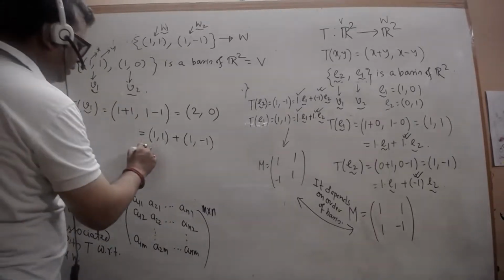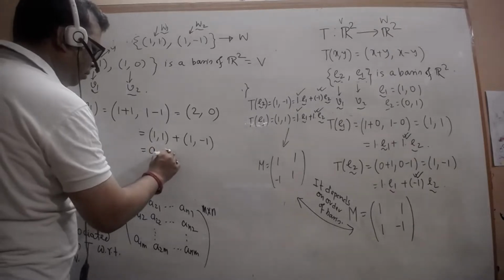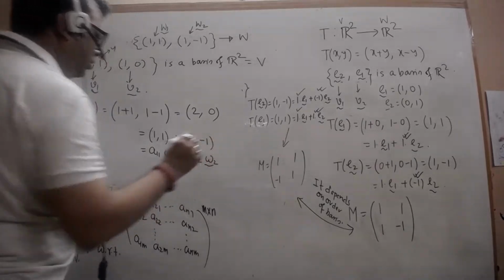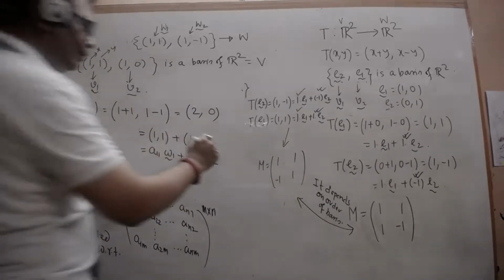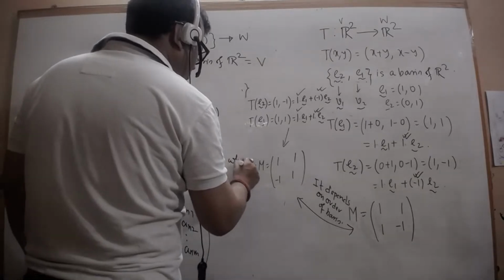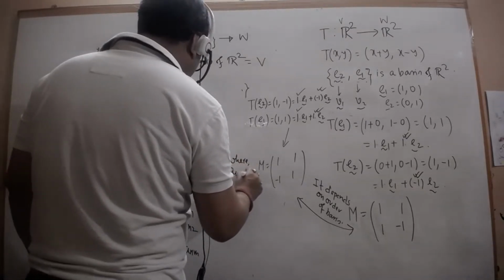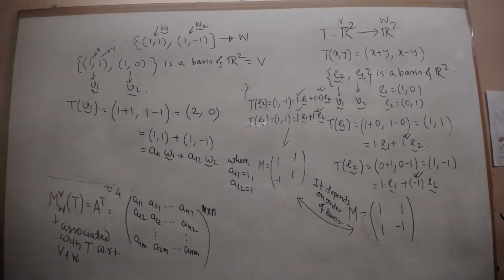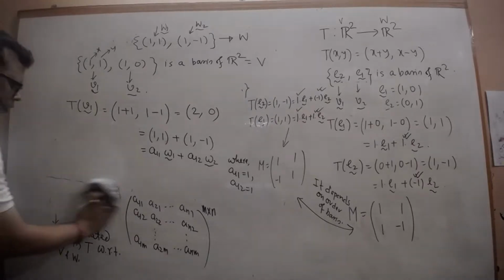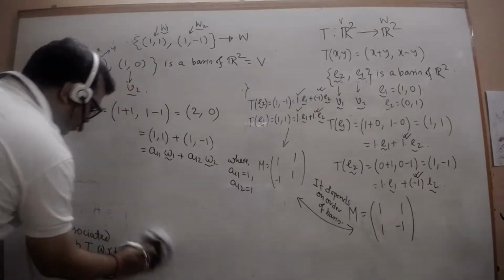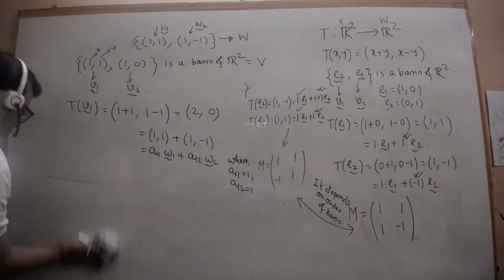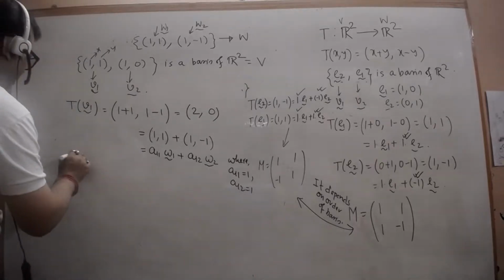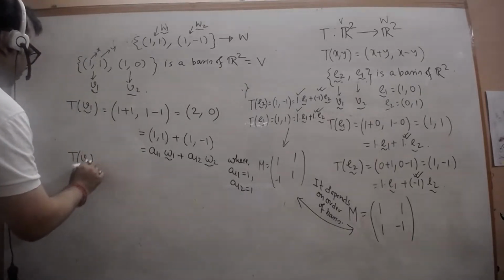So this is your a11 w1 plus a12 w2, where a11 equal to 1, a12 equal to 1. Now, v2.